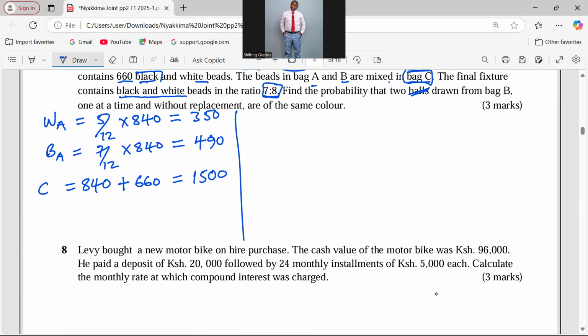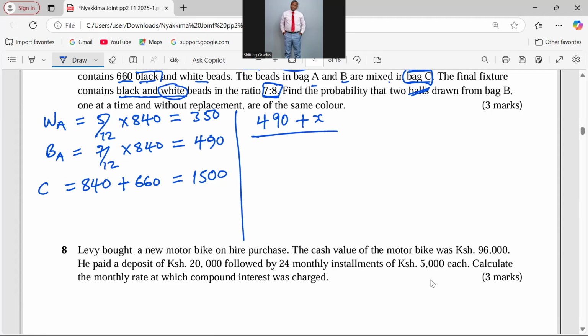Therefore, in bag C, black comes first and white later. So black are 490 plus X, when we divide by the white.